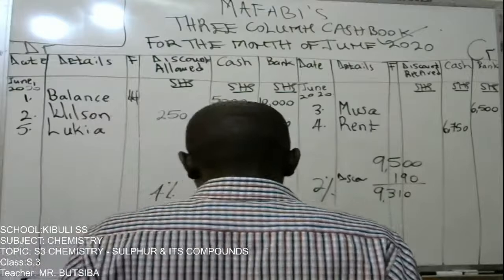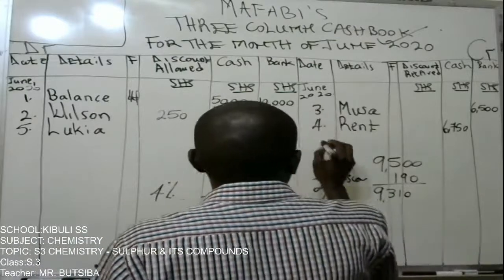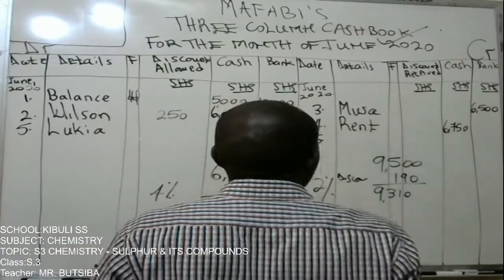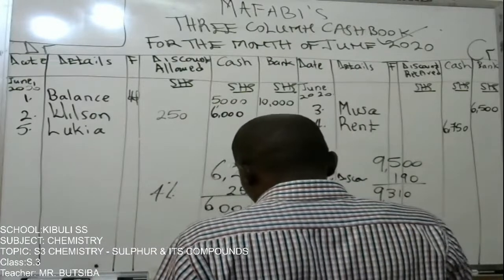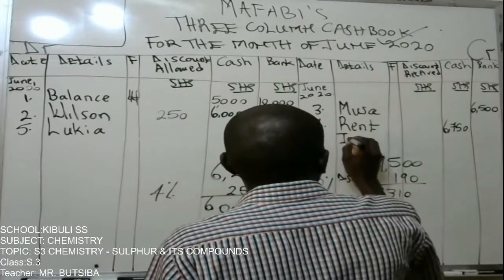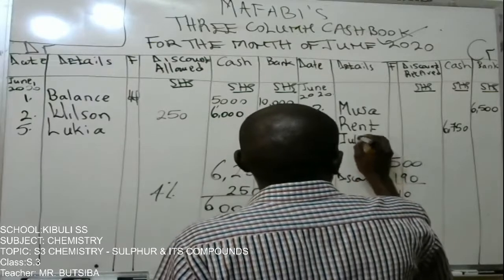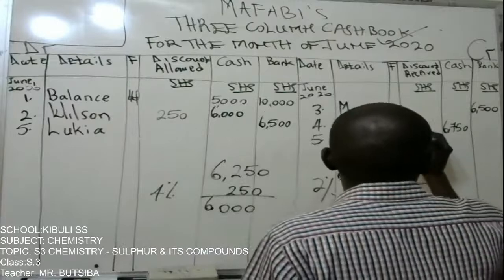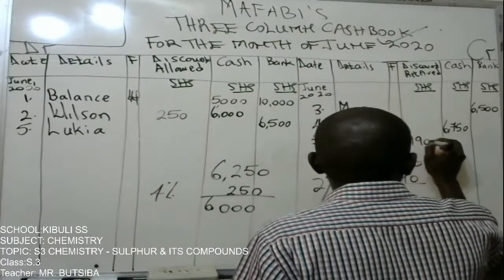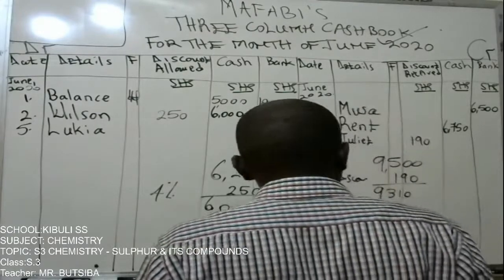So now you can come and record. On 5th, you gave out money to Juliet. And then Juliet gave us a discount of 190 shillings.